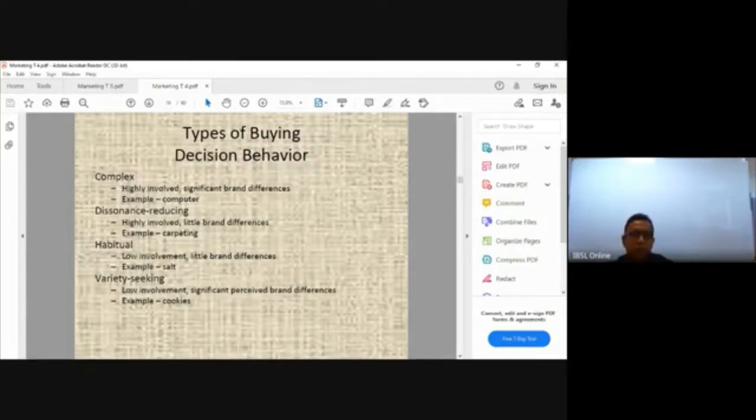With variety seeking, you just go to the supermarket and keep selecting different brands because you want some variety.